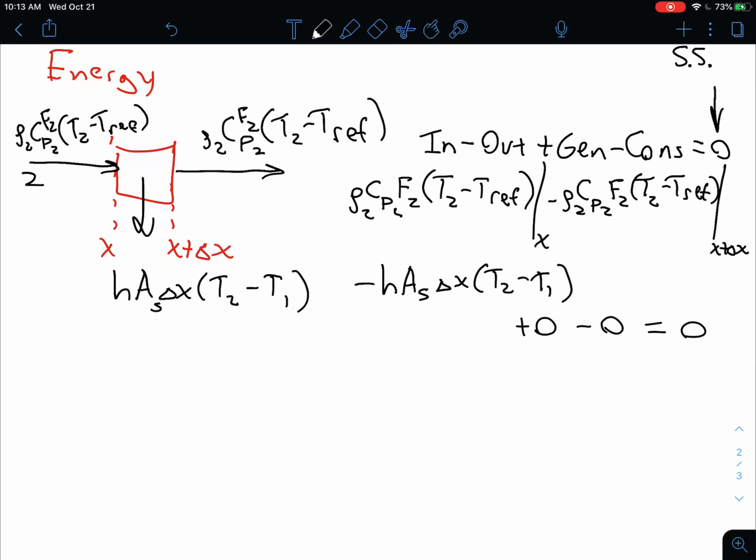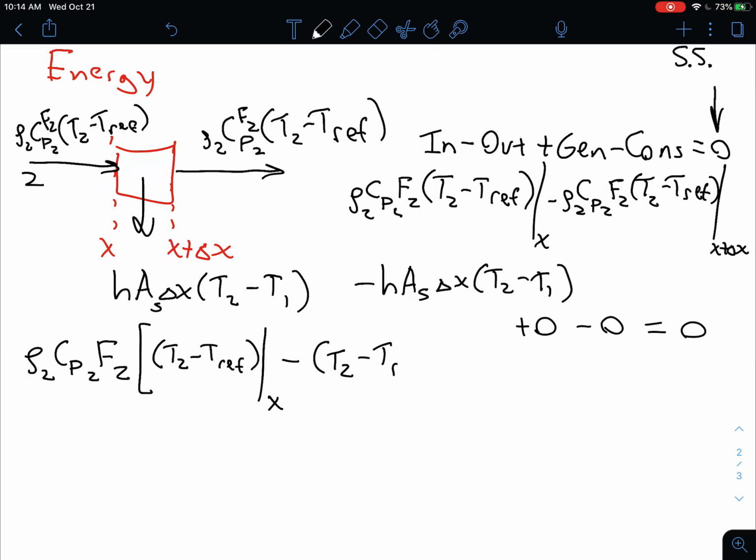So rearranging this, I'm going to say rho 2 Cp2 F2 times T2 minus Tref evaluated at x minus T2 minus Tref evaluated at x plus delta x is going to equal H A sub s delta x T2 minus T1.